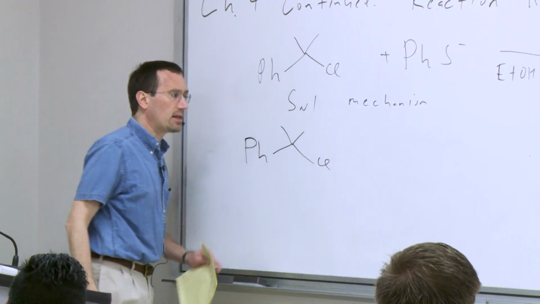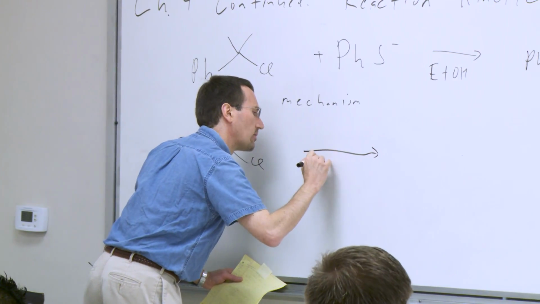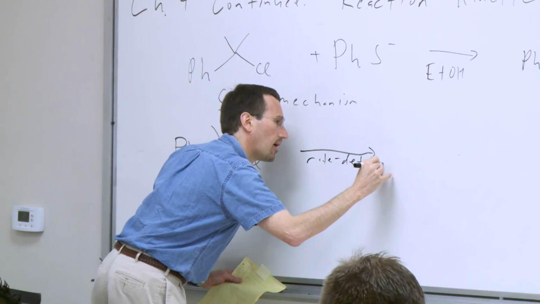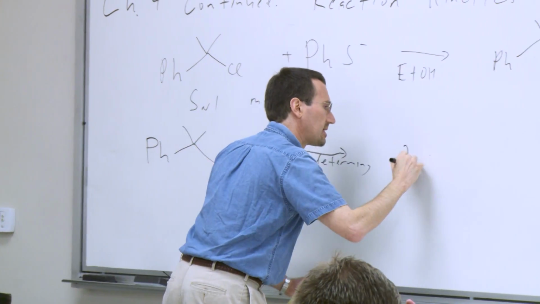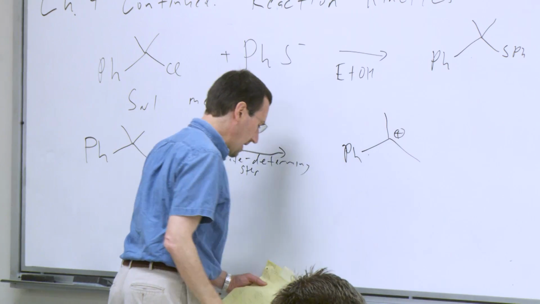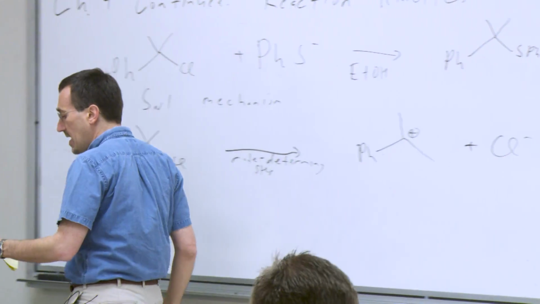Here's our alkyl halide. It spontaneously ionizes in the rate determining step. It spontaneously ionizes to the tertiary carbocation. If I want to write a balanced equation, I can write chloride.